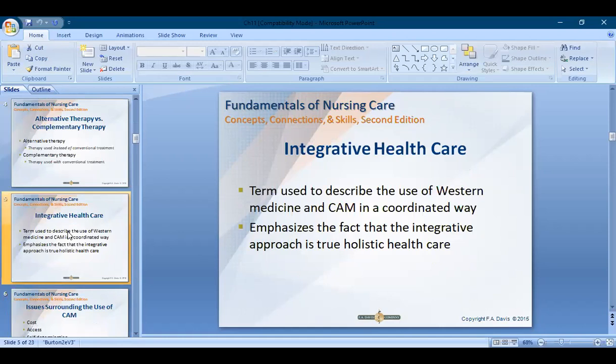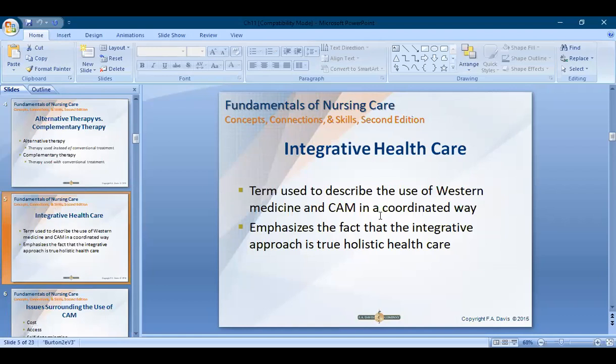Here something is integrative healthcare, right? What is integrative healthcare? The term used to describe the use of Western medicine and also complementary and alternative medicine in a coordinated way. Basically, the integrative approach is true holistic healthcare.